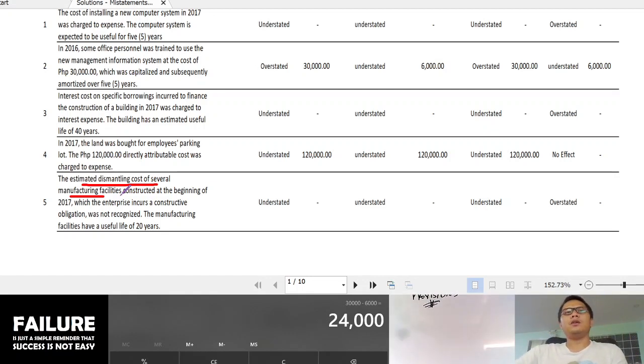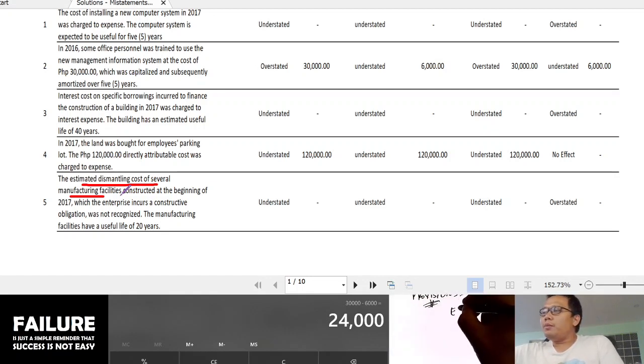Okay? Which, if a certain obligation is to be considered as a provision, it is recognized in our financial statements. It will be recognized as a liability, particularly a liability to your balance sheet or statement of financial position. This is basically estimated liability.